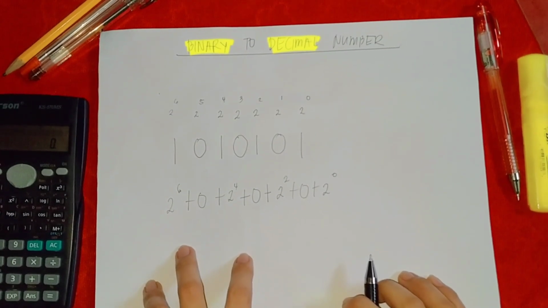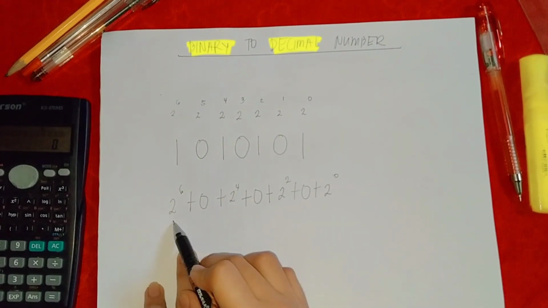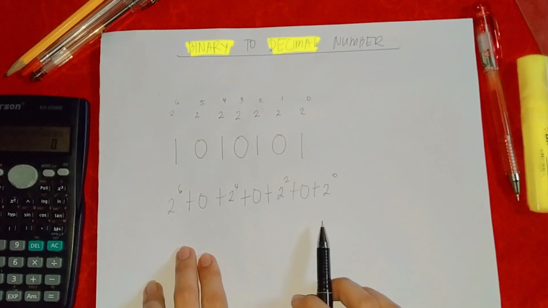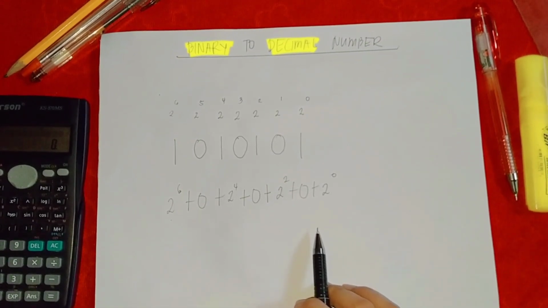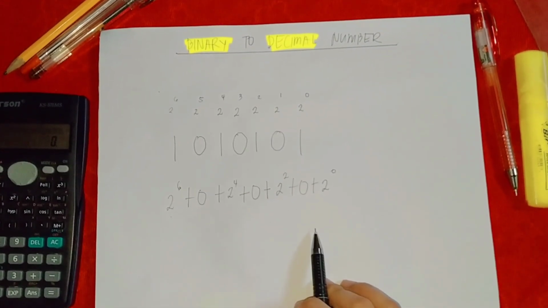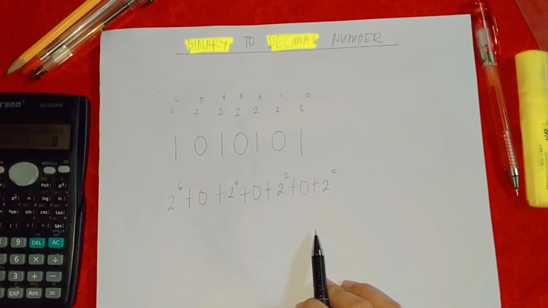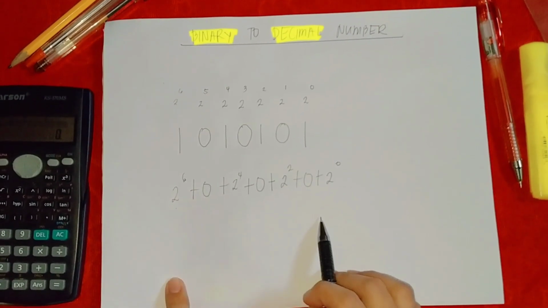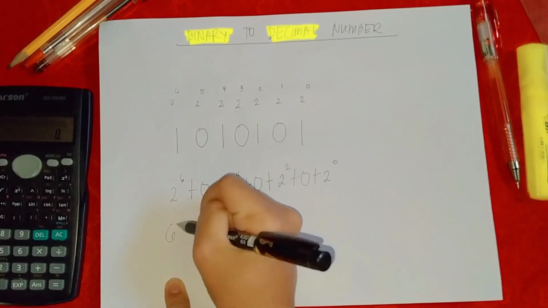Now, let's find out the value of 2 to the 6th power. So, 2 times 2 times 2 times 2 times 2 times 2 is equal to 64.